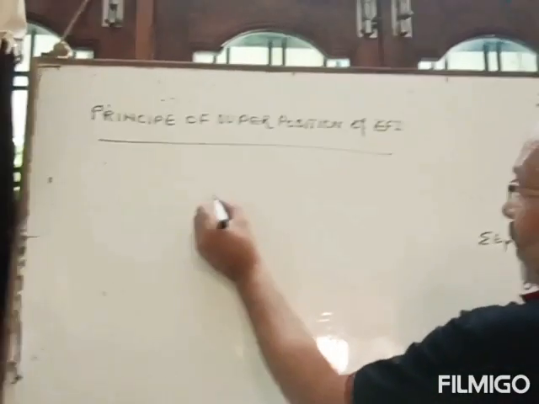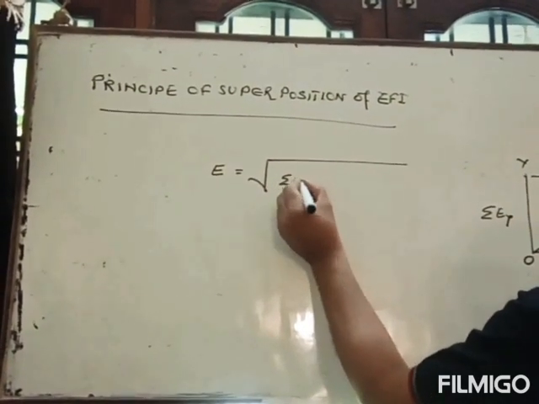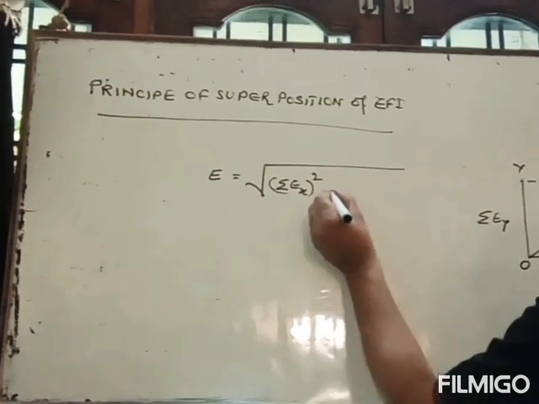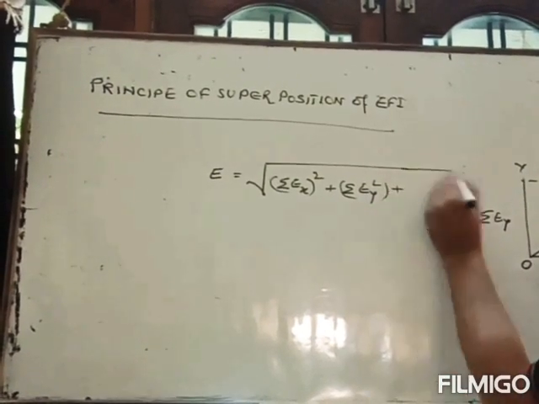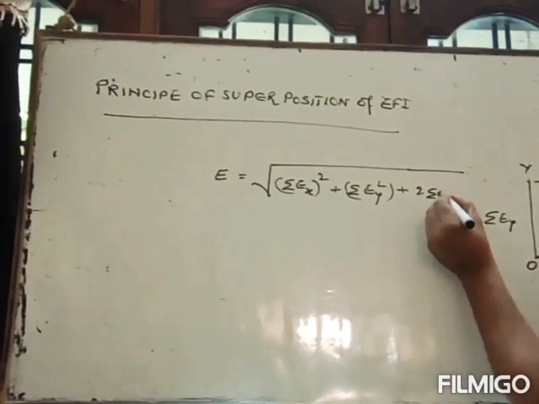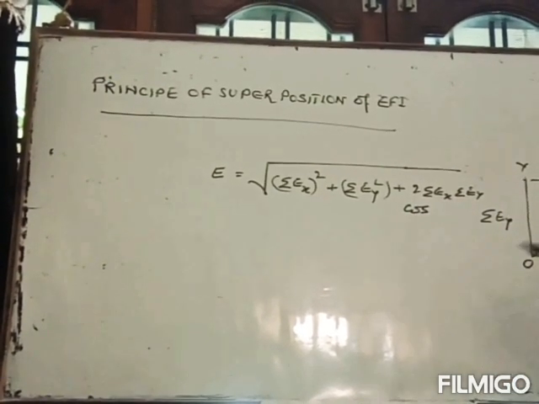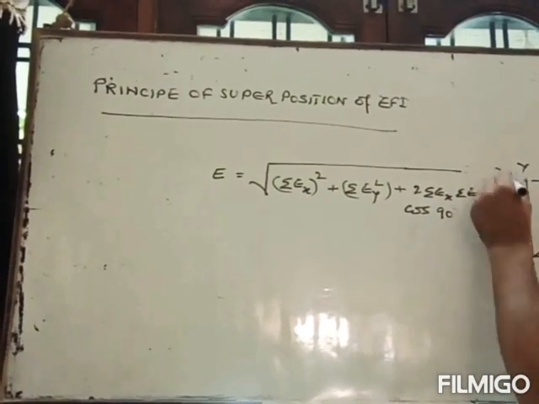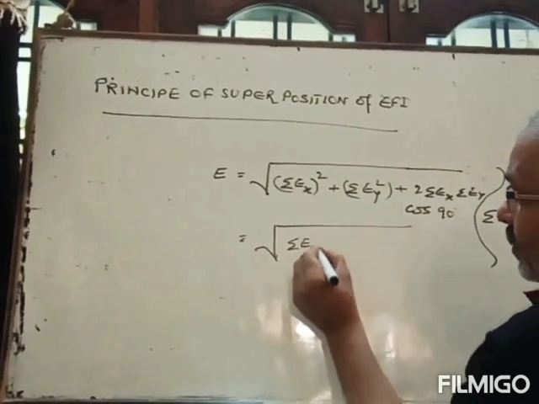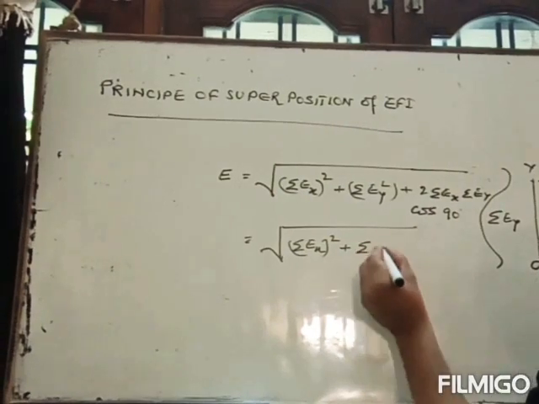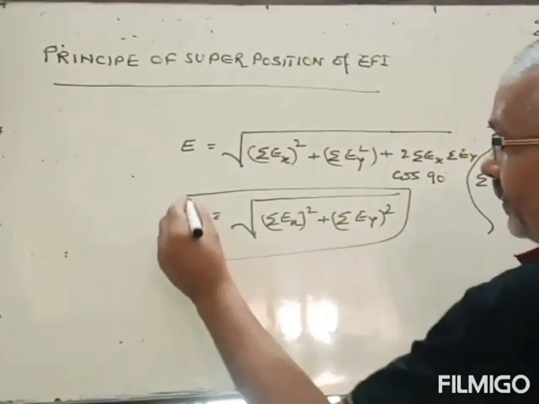By the parallelogram law of vector addition, as you know, the magnitude of the resultant EFI is equal to the square root of summation Ex square plus summation Ey square plus twice summation Ex summation Ey cos theta, where theta is the angle between them. Here it is 90 degrees, so it becomes the square root of summation Ex square plus summation Ey square. It is the magnitude of the resultant EFI.